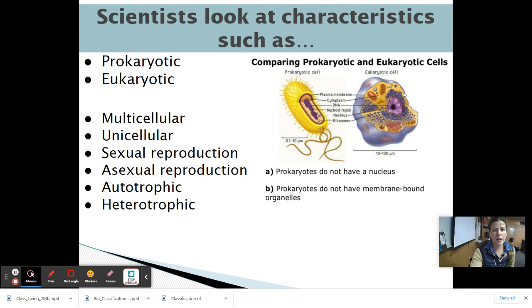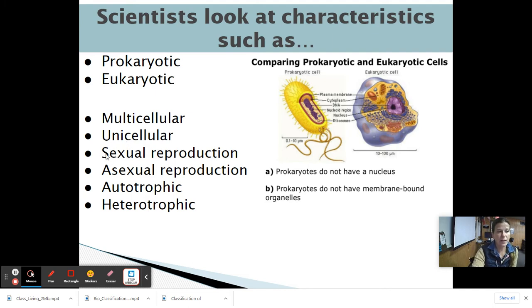Is the cell eukaryotic, where it has a nucleus and the DNA is contained in a membrane bound organelle with other membrane bound organelles? Is the organism multicellular, made up of more than one cell? Is the organism unicellular, just one cell?